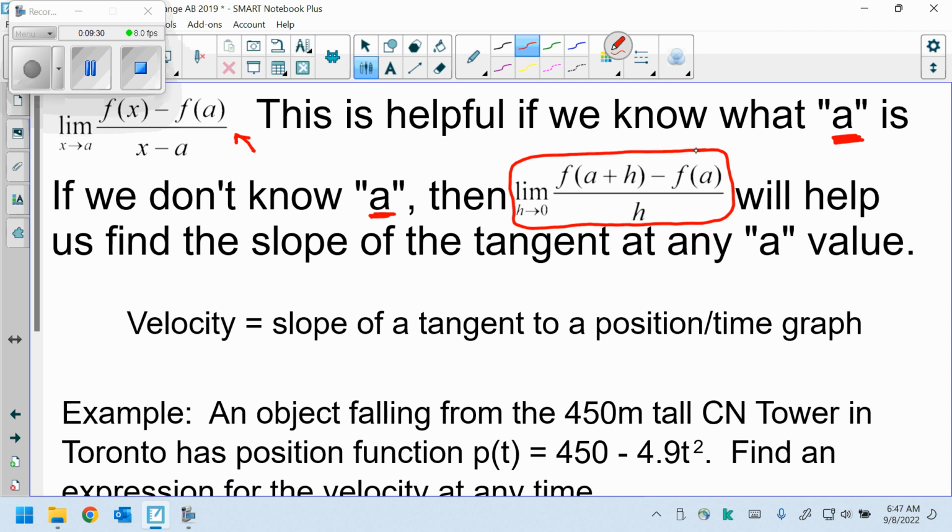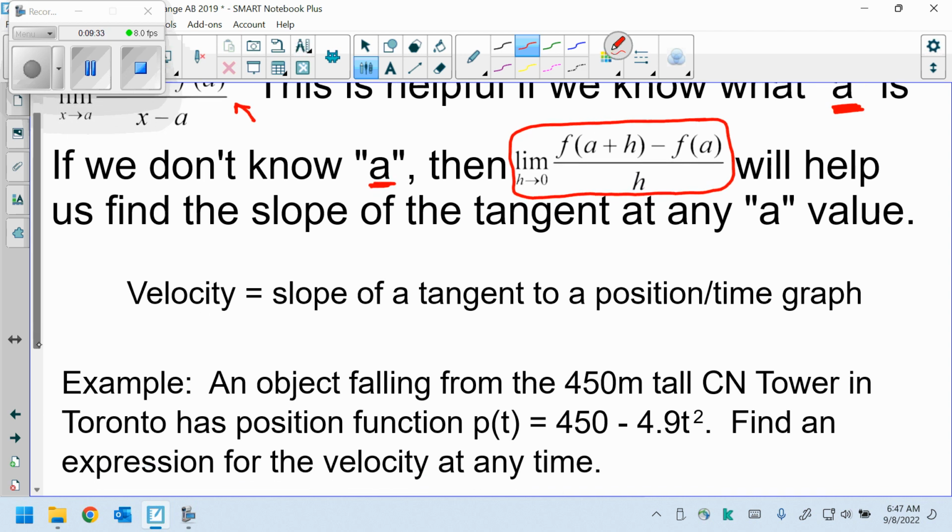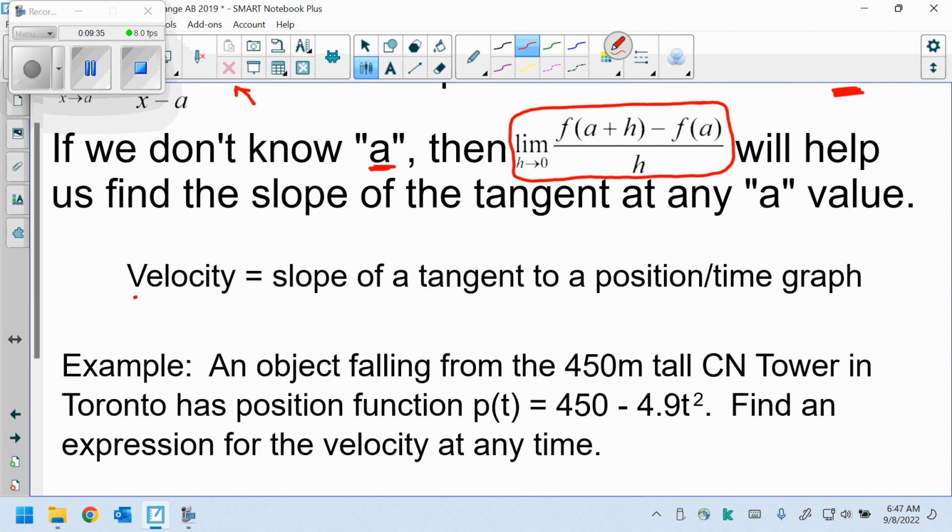Now, one other concept that we've got to understand is what velocity is. And those of you who have taken physics probably know this. Those of you who are in physics, I don't know if you've gotten there yet, but slope of the tangent to a position time graph. If you find the slope of a position time graph, you have found velocity. If it's the slope between 2 points of a position time graph, you found an average velocity.